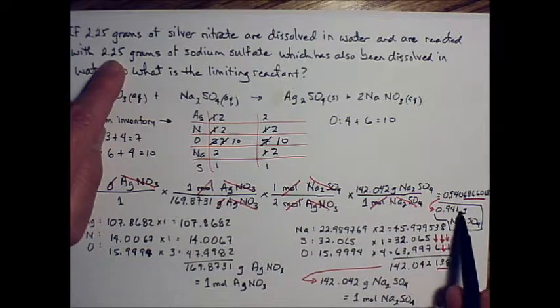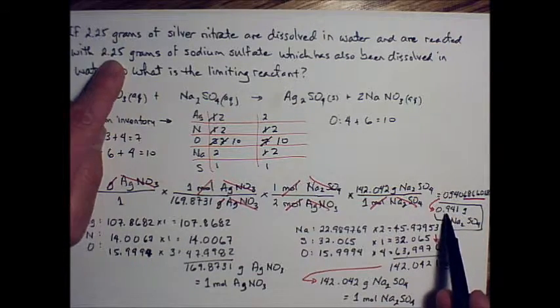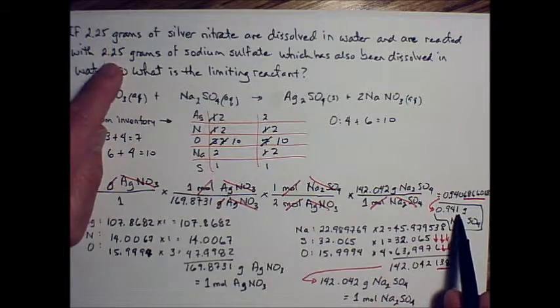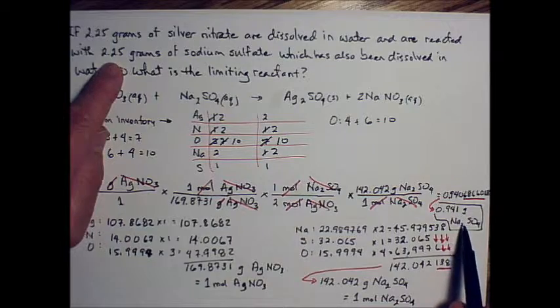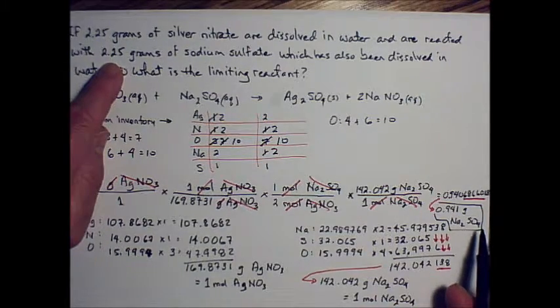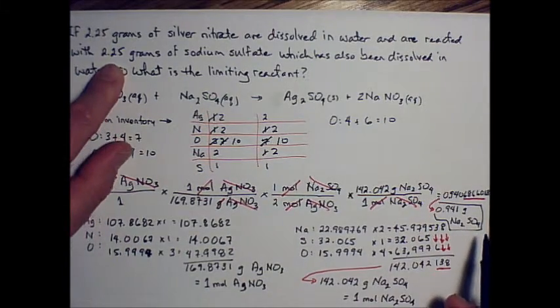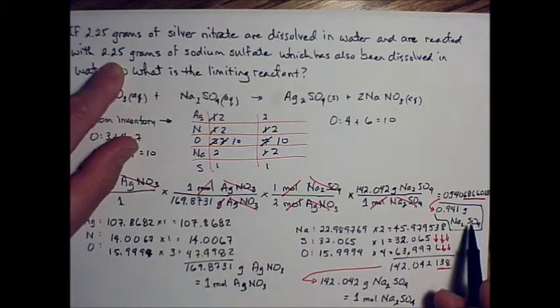If the amount you calculate of a reactant is less than the amount you're given, then that is the excess reactant. That makes the other reactant the limiting reactant. Okay?